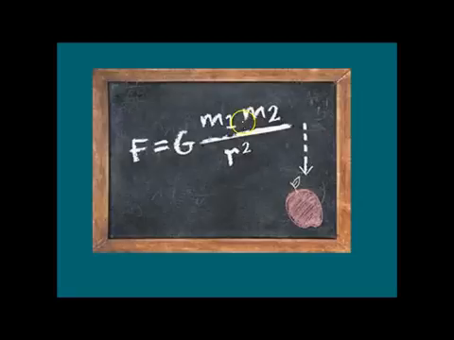The mass of one body is m1 and the mass of another body is m2, and the third one is r square, that is the square of the distance between the two bodies, and F is the gravitational force. In the coming part, we are going to study the remaining fundamental forces.